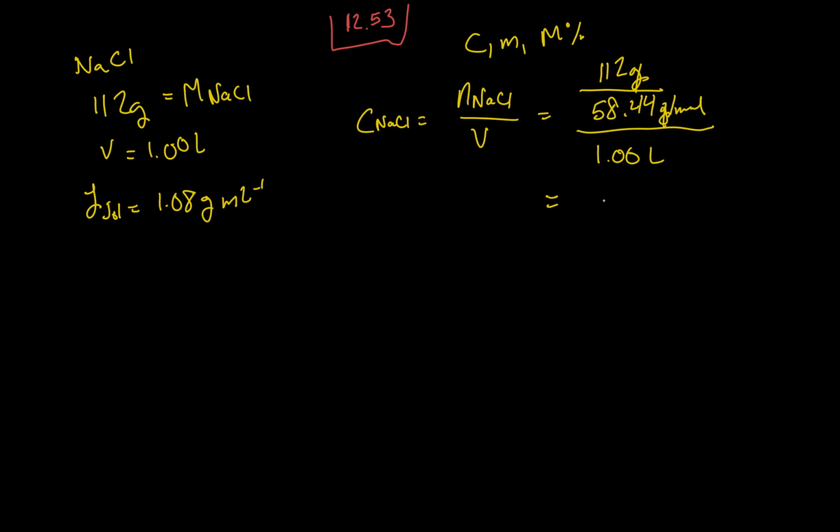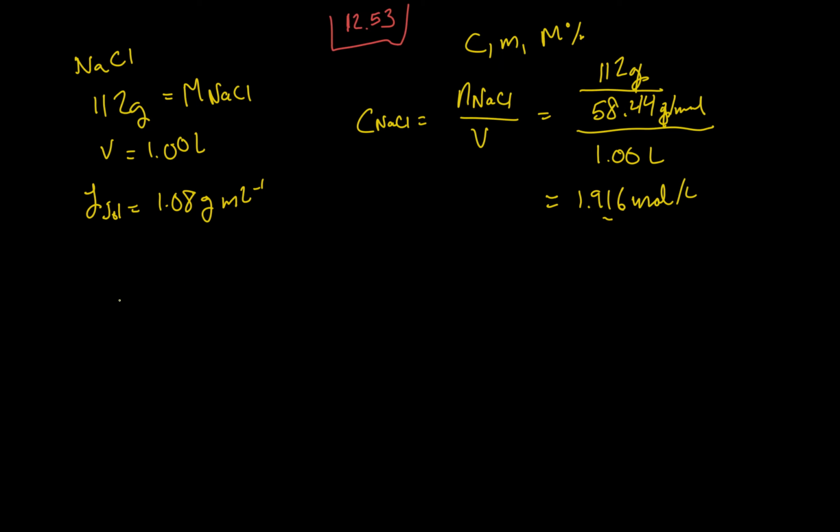That gives us a molarity of 1.916 moles per liter. We've got 3 significant figures in both of these, so we'd be confident in the 1, so this would be 1.92.